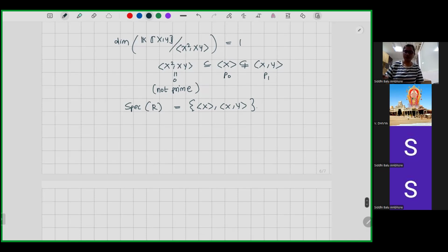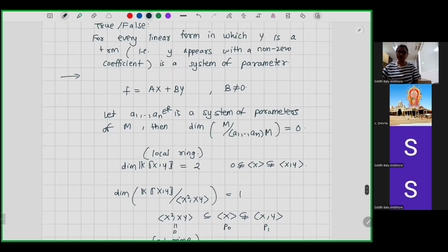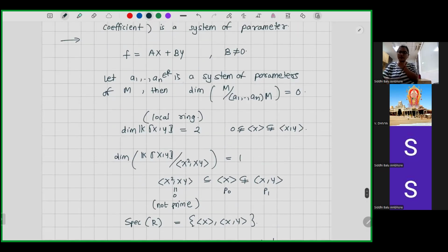Therefore any system of parameters will have length 1. Using this result, that if a1 to an is a system of parameters, then the dimension of M mod a1 to an M must be 0.